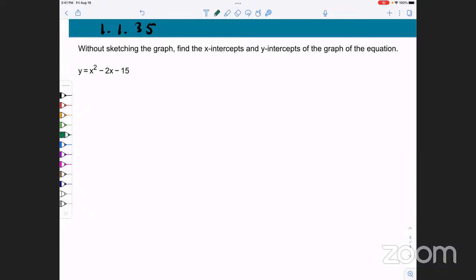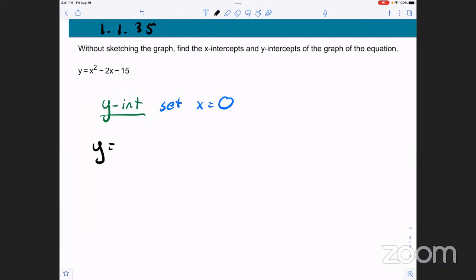We'll go with this color. For the y-intercept, to find it, we set x equal to 0 and then solve. So y equals, and we replace each x with a blank set of parentheses: x squared minus 2x minus 15, and then inside the blank parentheses we put 0.